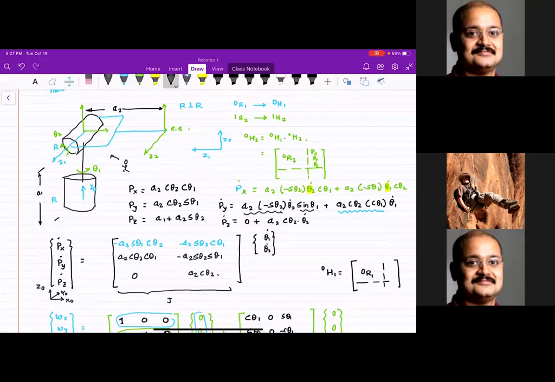I'll explain it in just a second because I did not draw the figure that would have helped you. So this is x0, this is y0. You agree with me? Omega x is about x0, omega y is about y0, and omega z is about z0. You agree with me? Now I want you to imagine the case.